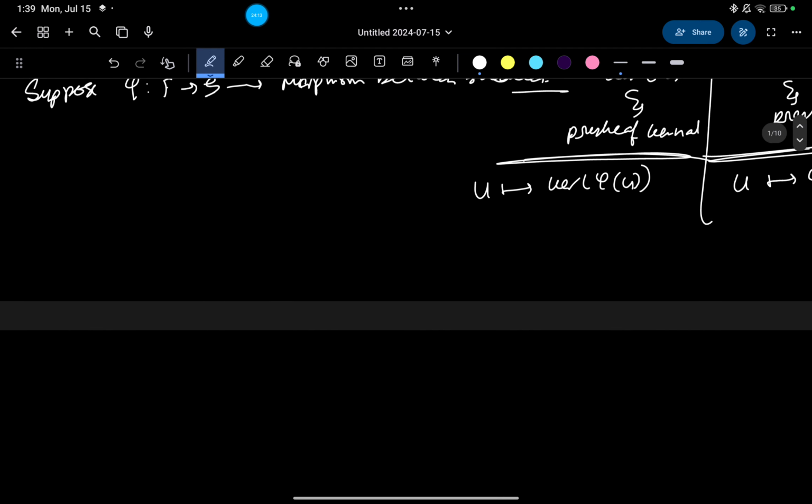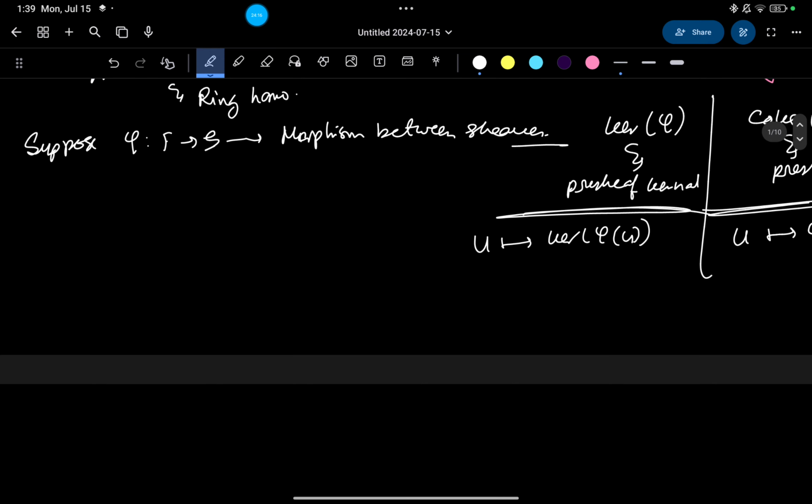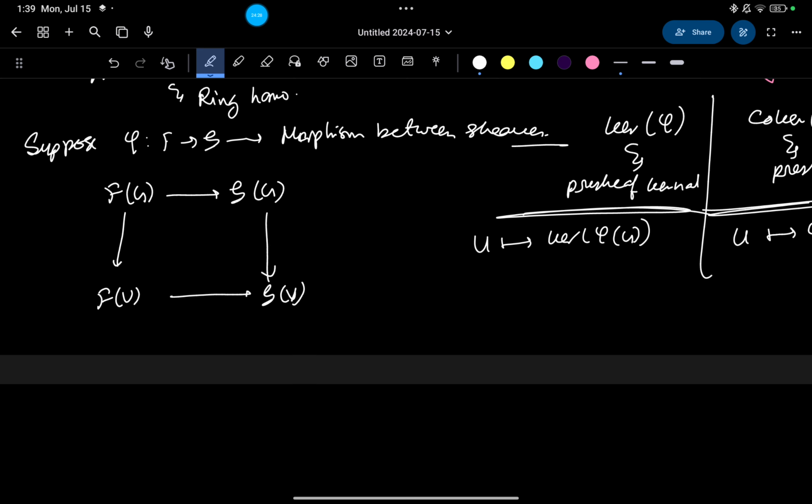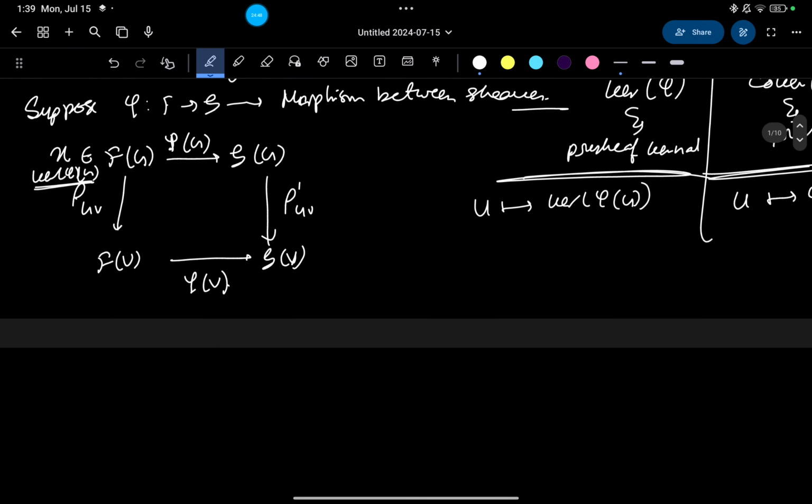So let us see how the restriction maps work here. For example, let us consider F U to G U, and F V to G V, with restriction maps rho U V and rho dash U V, and phi U and phi V. Let's say I take small x belonging to the kernel of U. If I take x restricted at V, what happens?